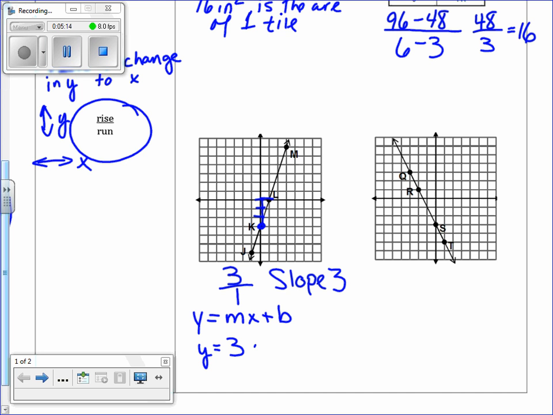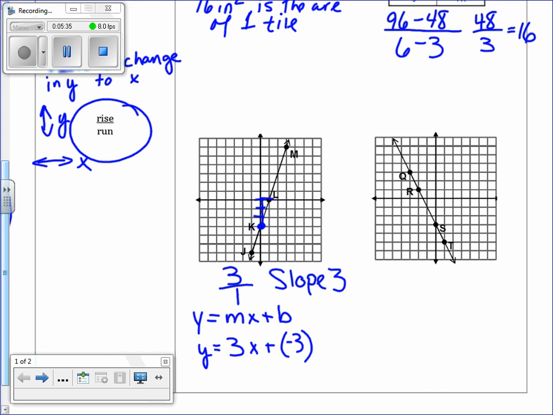I'll put my x and my y-intercept, remember that's my b, it's going to be 3x plus negative 3. We were just able to create a slope-intercept form, or create an equation, out of that line.